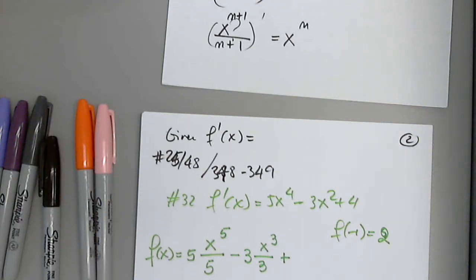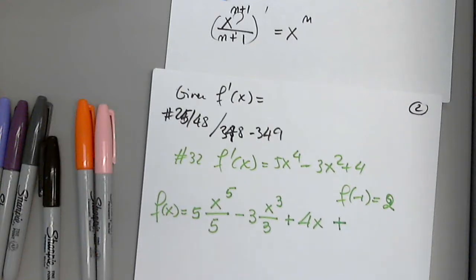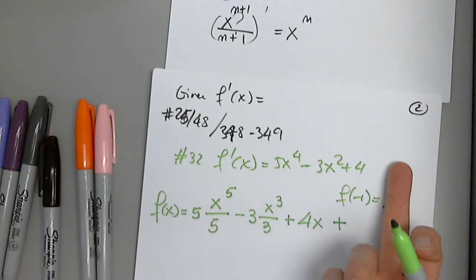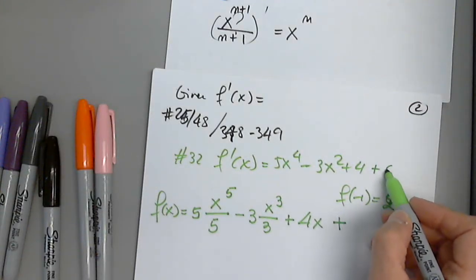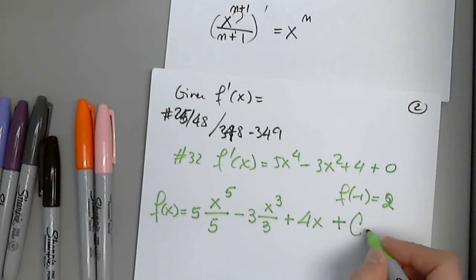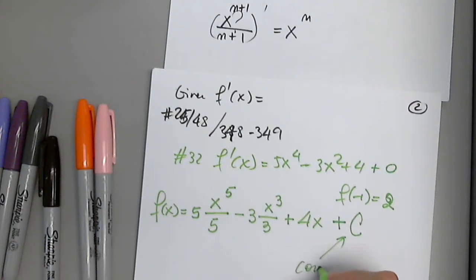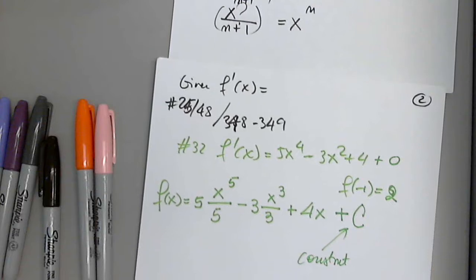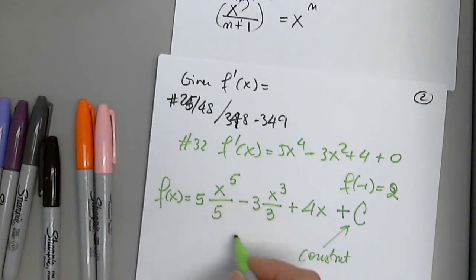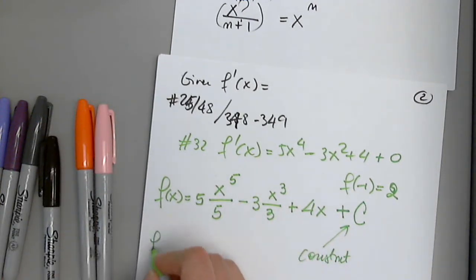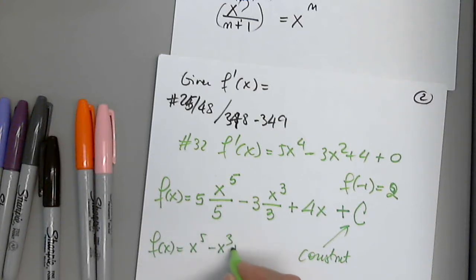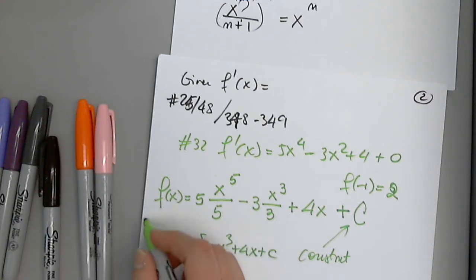Indeed, awesome. Indeed, 4x. And now plus, what prime is 0? Plus any constant. So this is a constant. I will simplify 5 with 5, 3 with 3, and so on and so forth. So the function is x to the 5th minus x to the 3rd plus 4x plus c.